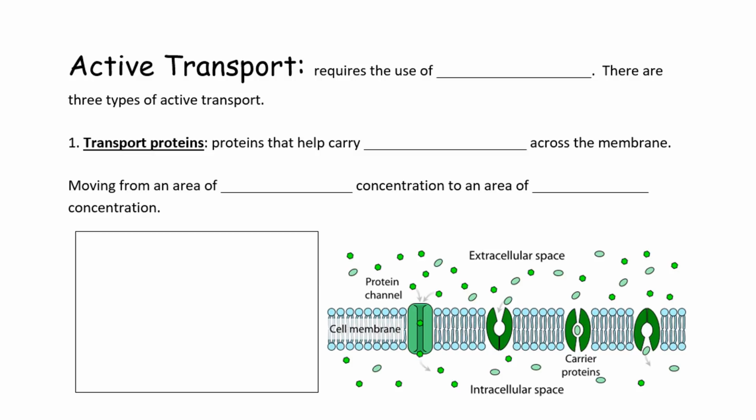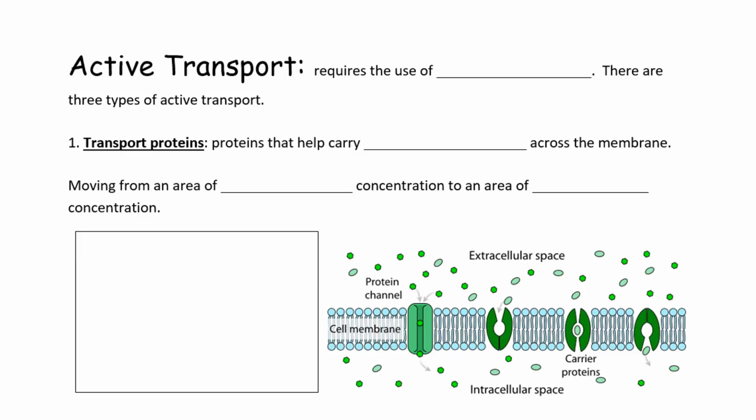So we're still on the topic of how things get into and out of cells, and we've been talking about how things naturally move from a high concentration to a low concentration, and that was diffusion. And then we're doing a lab where you're learning about how water molecules diffuse from a high concentration to a low concentration, and that's osmosis.